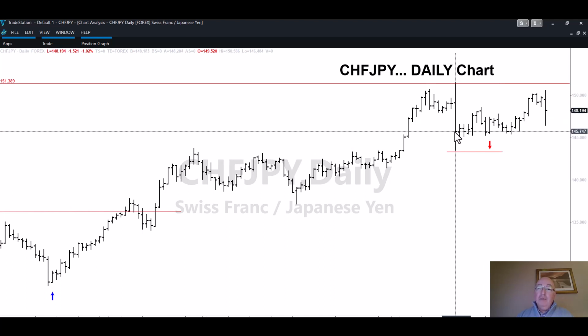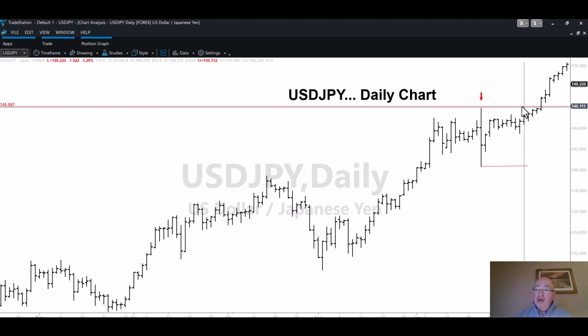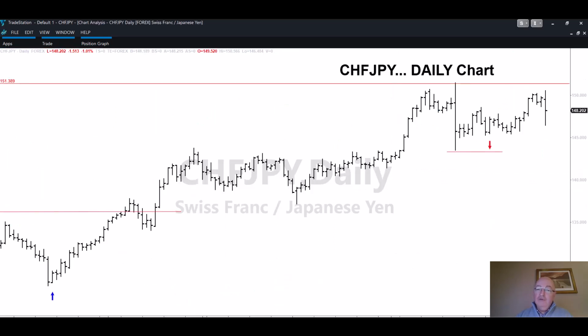It means that the greater probability is to break this low without the high, and just like the dollar yen, if it does the complete opposite, and remember, the probabilities are for it not to do that, then it is a complete different scenario.